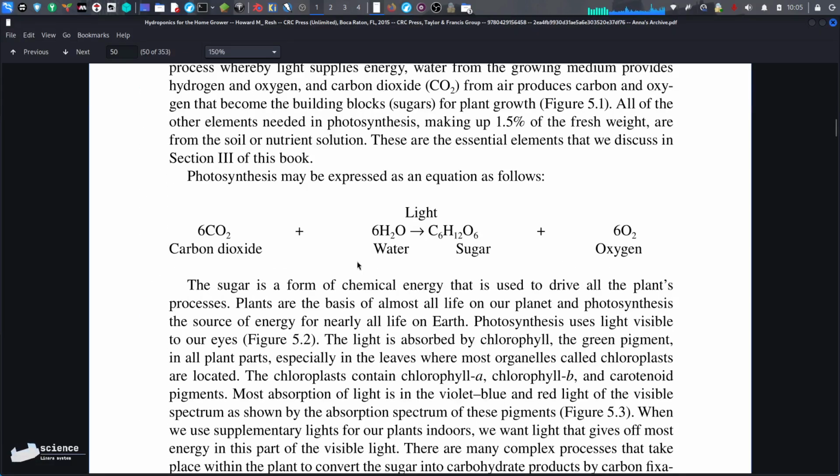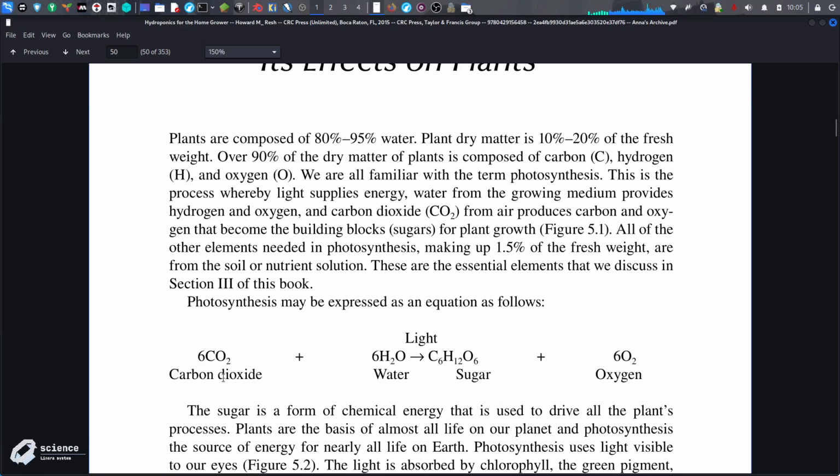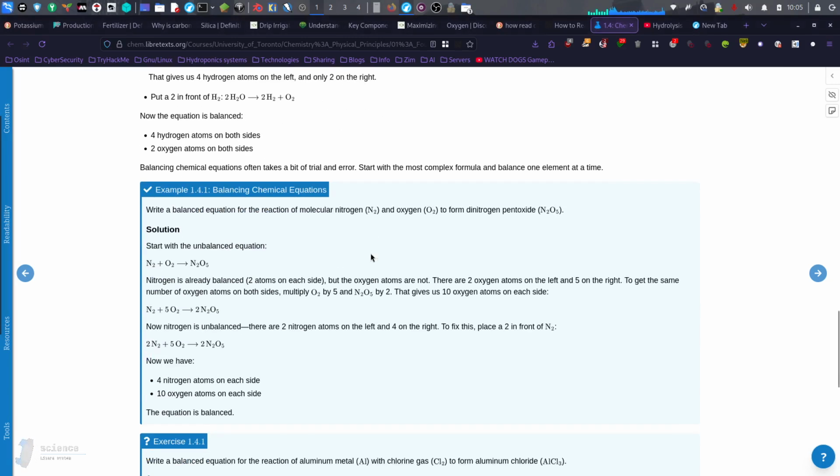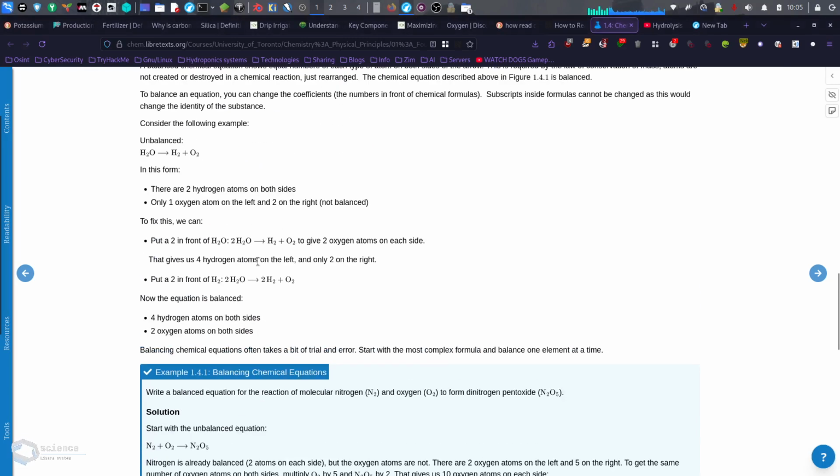You can see 6 molecules of carbon dioxide plus light, water, sugar. The reactants and products: carbon dioxide plus water gives sugar and oxygen. Light produces this reaction. Okay, I understand.